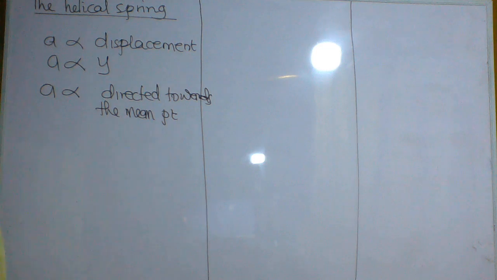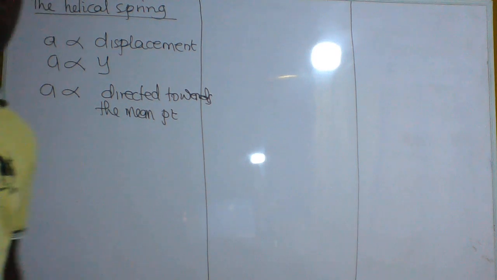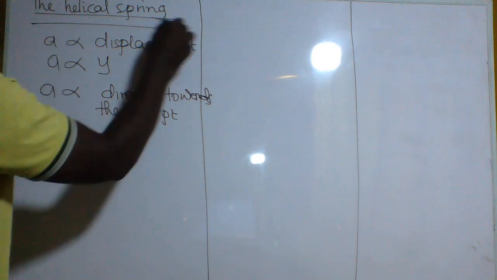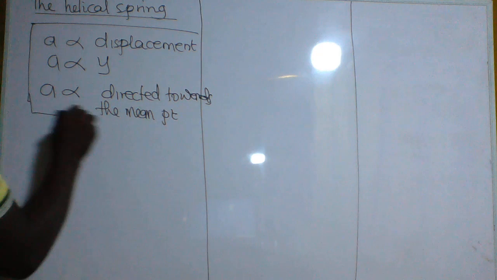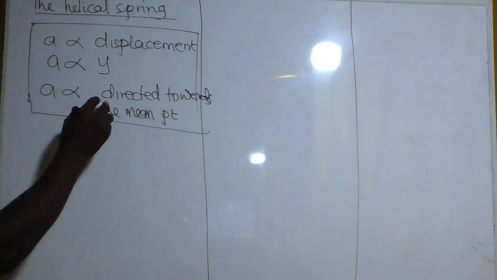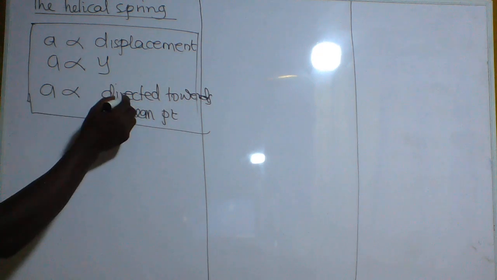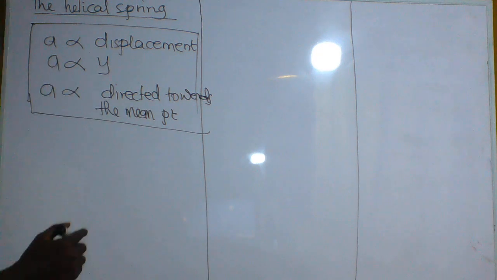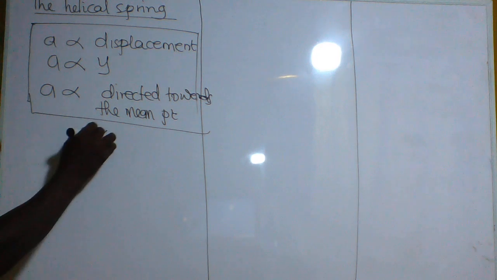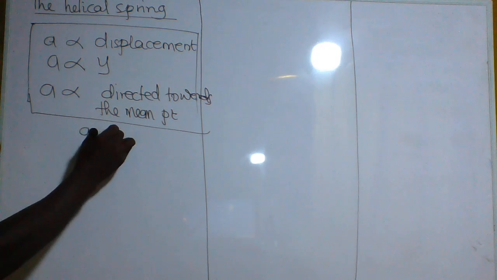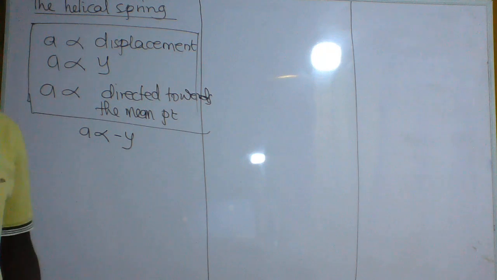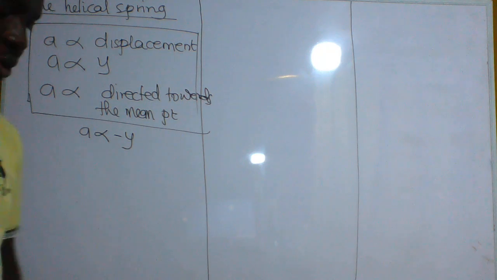So when we put the two key attributes together, we have A directly proportional to minus the displacement. These are the key attributes of a body in simple harmonic motion.